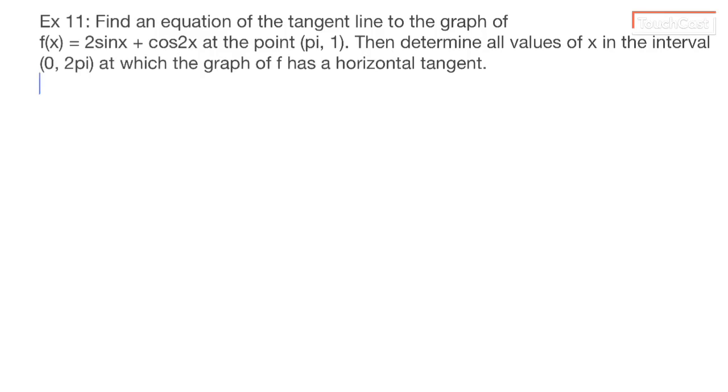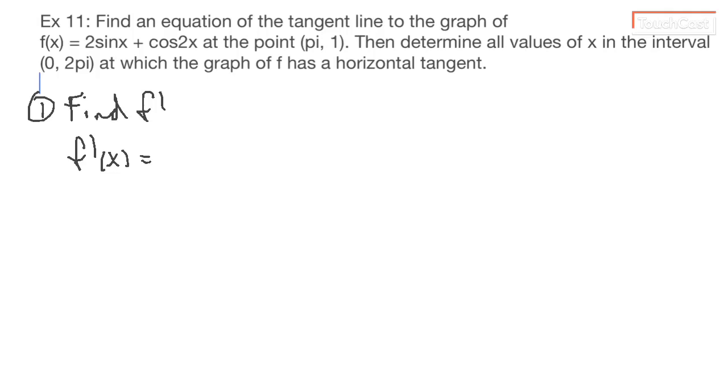So the first thing we're going to do is find the derivative of the function. So let's find f prime. f prime is going to equal, we've got an addition rule here, so we'll find the derivative of the first term and of the second term.